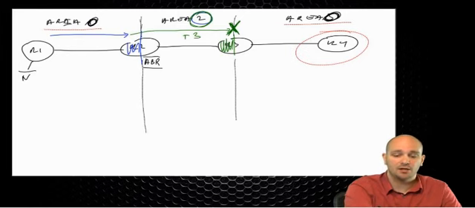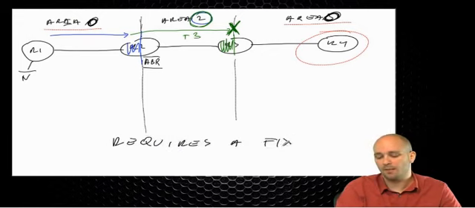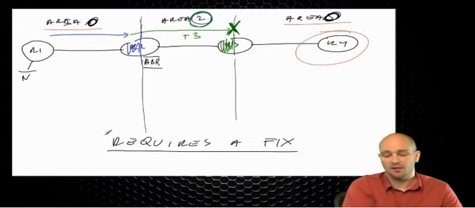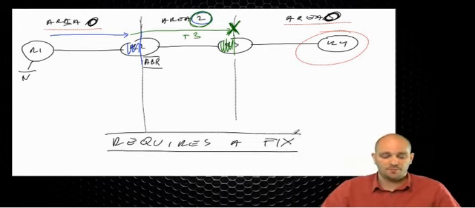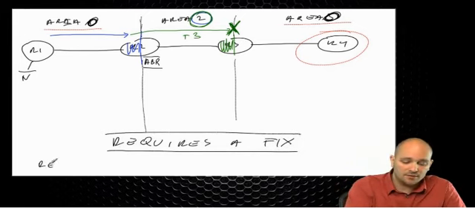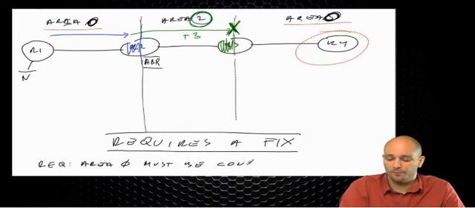So this requires a fix. Now, the fix, of course, stems from another requirement in OSPF, and the requirement that we are failing to meet here is that area 0 must be a contiguous area.